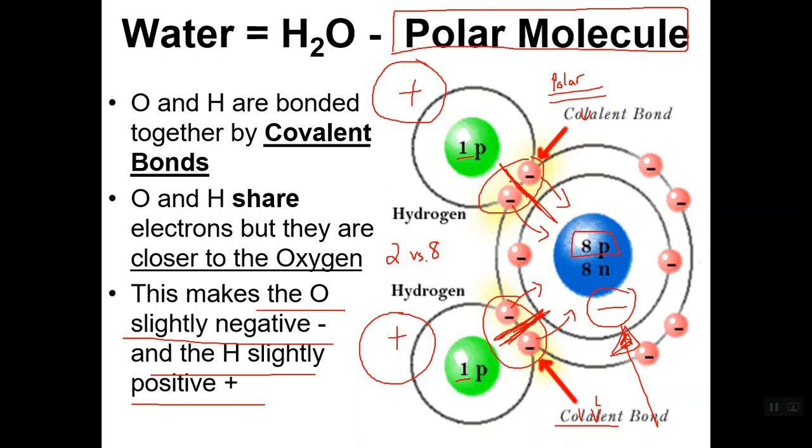The fact that it is polar and that this oxygen atom is really going to hog all those electrons. And by the way, the fancy word for really liking electrons, which you might remember from 8th grade, is electronegativity. So oxygen, we say, is really electronegative.